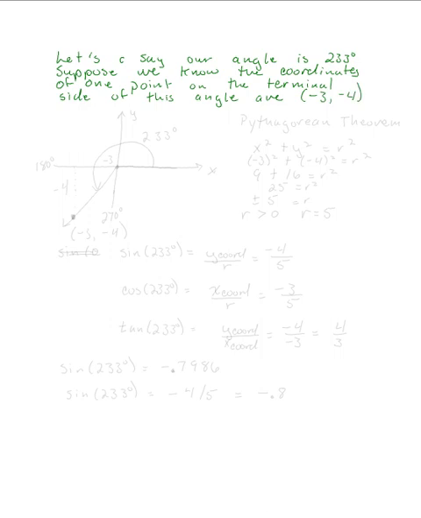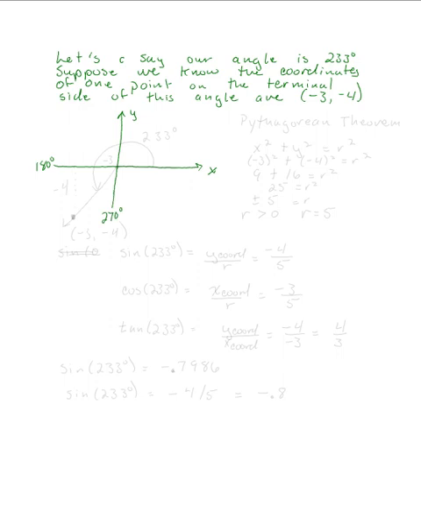Okay, so let's see what that does for us here. We're going to draw our picture. Picture is going to look like this. Have an x, y coordinate system. Now let's think about where 233 degrees would fall. 90 degrees would be straight up on the y-axis. 180 would be on the negative x-axis. So this is 180 degrees. If I add another 90 degrees, that would put us down here at 270.